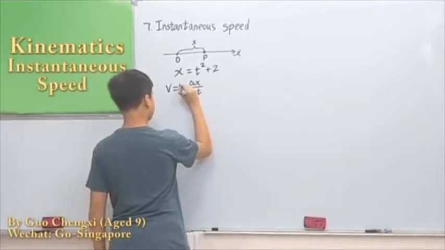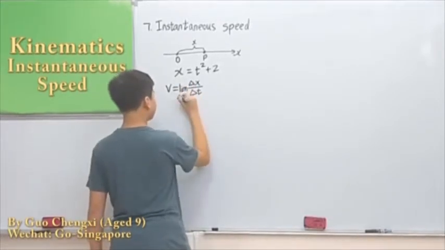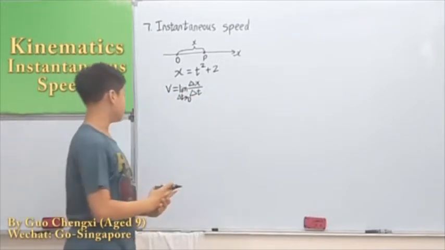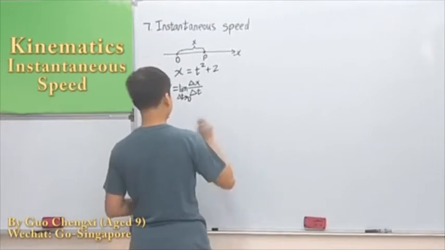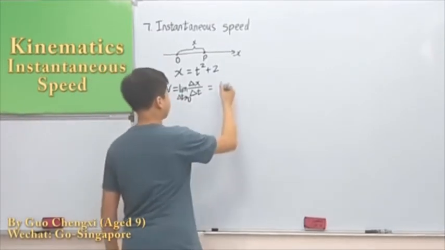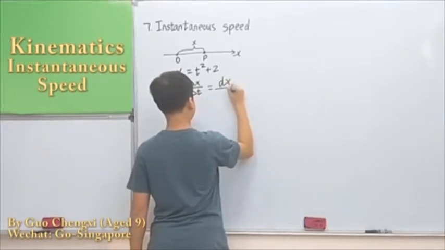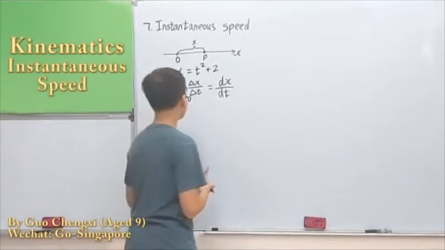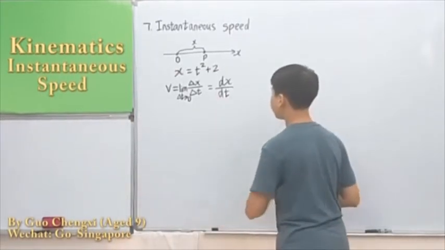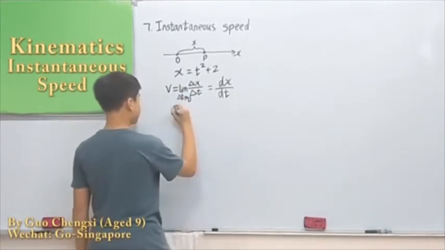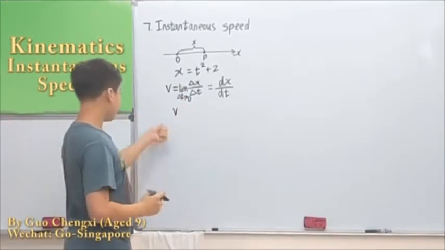Now we have to take the limit as delta t approaches 0. Another way to write this is dx/dt. So we're using that as the speed.